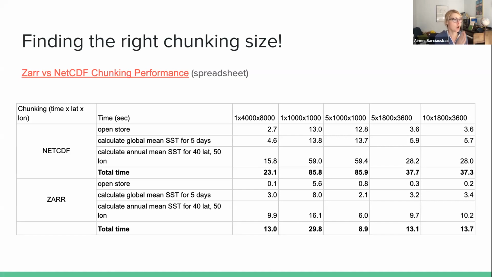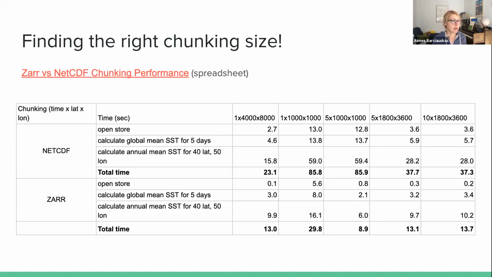So your original chunk shape is going to have a time step of 1 if you just read in netCDF files. So the default was to go with a small size for the time chunk, which ended up being the wrong approach, which I'll talk about in a little bit.